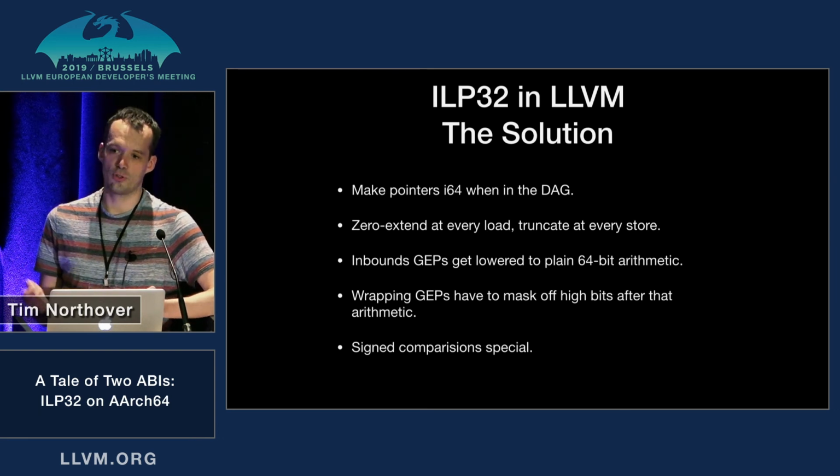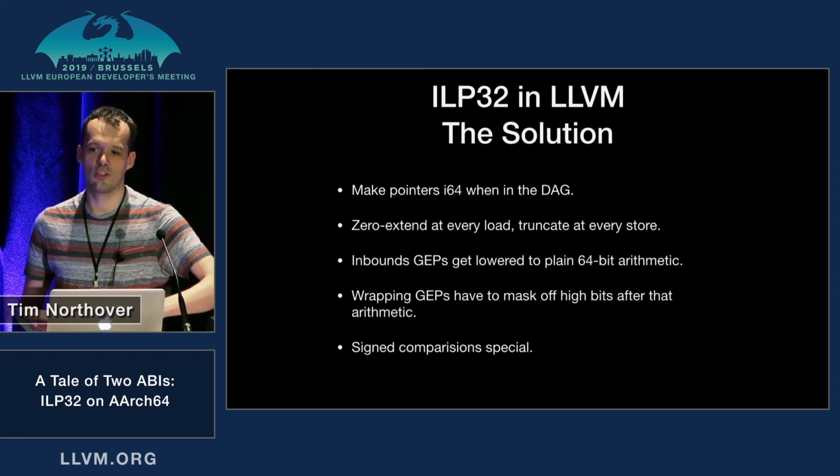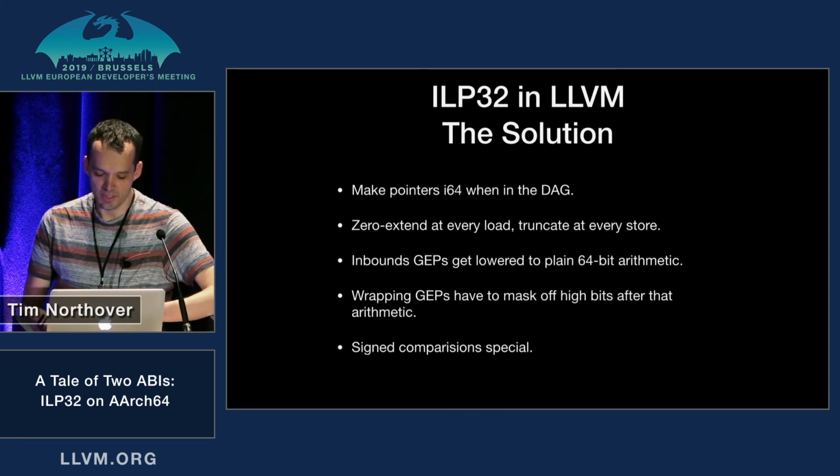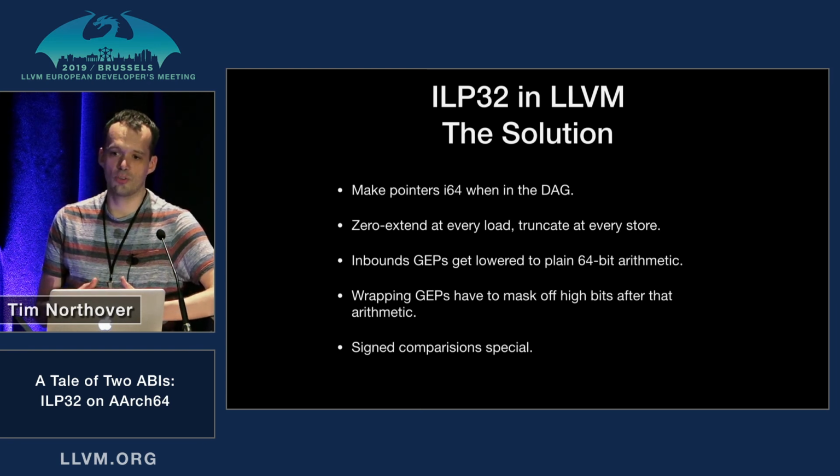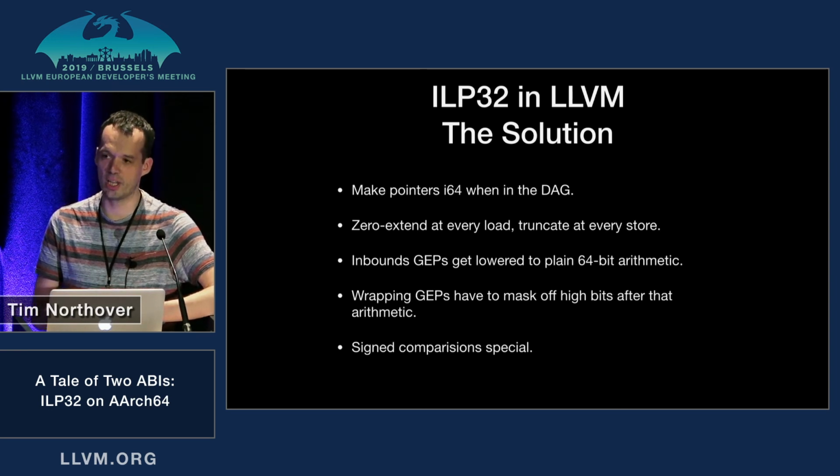Otherwise, you'll get nonsense results, so you have to retruncate before that in the DAG in a couple of places. And when all this was implemented, ARM6432 was actually pretty much on par with the plain ARM64 backend in terms of code size. There was occasional, very slight bloat from people using int to pointer casts and back again, but that was pretty acceptable.